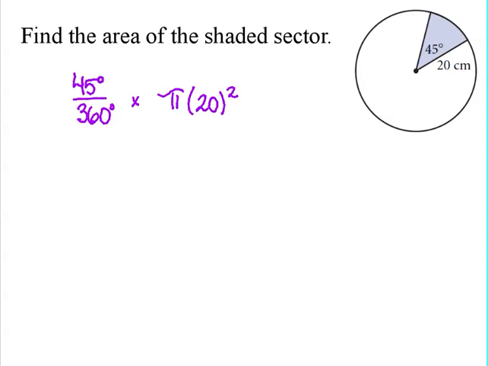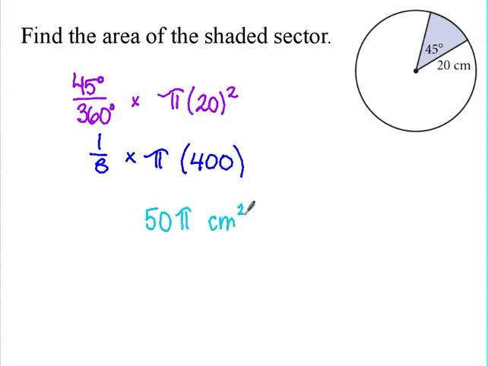45 divided by 360 is 1 what? 1/8. That's 1/8. So I end up having 1/8 times pi times 400. So if you were to leave that in terms of pi, your area would be 50 pi centimeters squared.